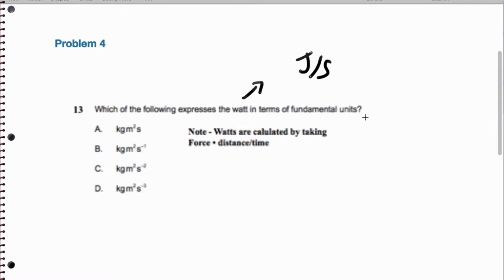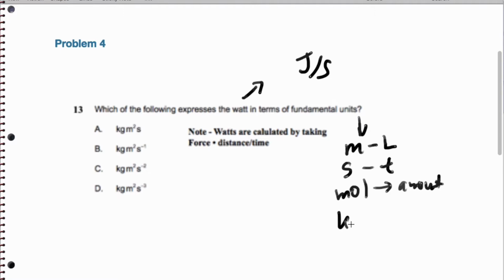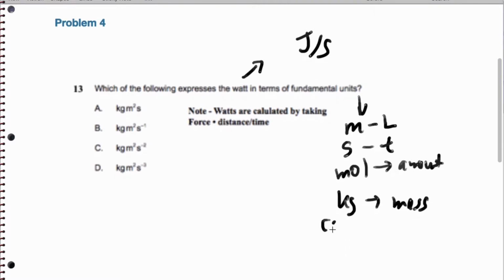When we say fundamental units, let's review our fundamental units. So fundamental units are meters for length, seconds for time, moles for amount, kilograms for mass, candela for luminous intensity, right?